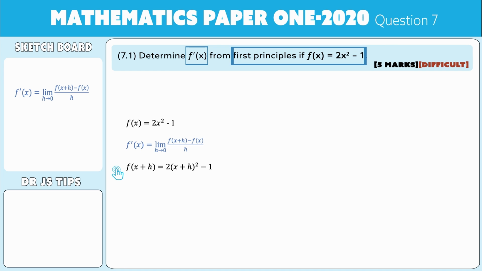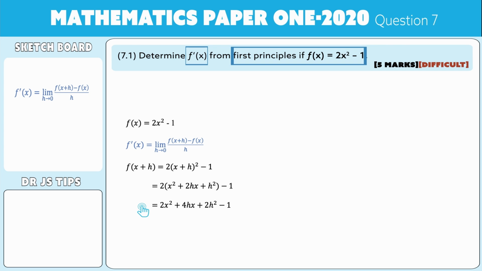Now if I multiply that out, I get twice x squared plus 2hx plus h squared minus 1, and that gives me 2x squared plus 4hx plus 2h squared minus 1. That is quite nice. I squared the binomial and I multiplied in.